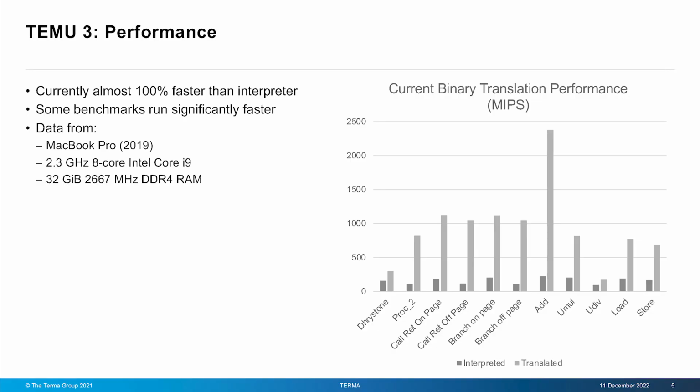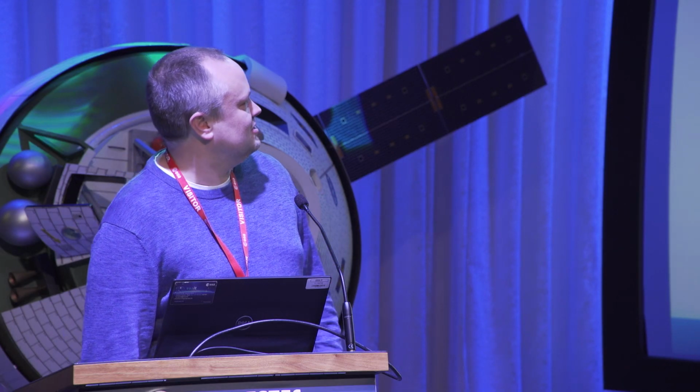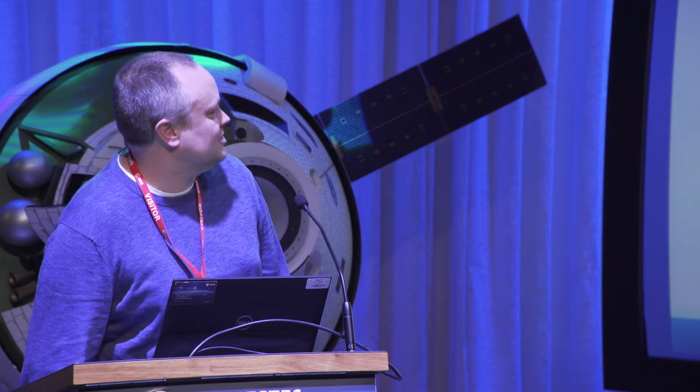So a bit about the performance. We ran some micro benchmarks on various things. So typically, integer workloads, we get 250, 300 MIPS. That's millions of emulated instructions per second. It's not Dhrystone MIPS, which is an artificial measure, but this is simulated instructions, so that's basically a bit faster than a 250 megahertz processor because they don't do one instruction per cycle.